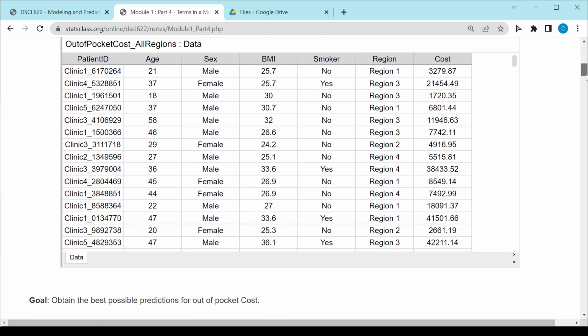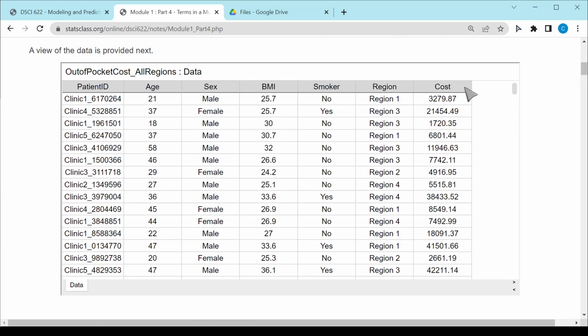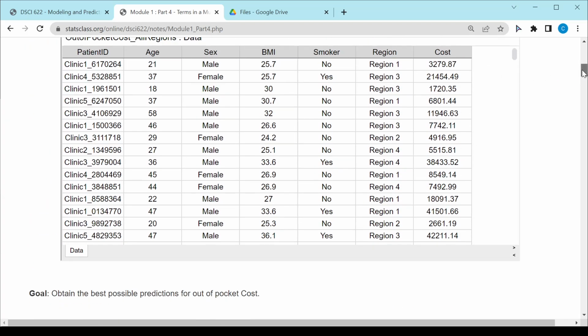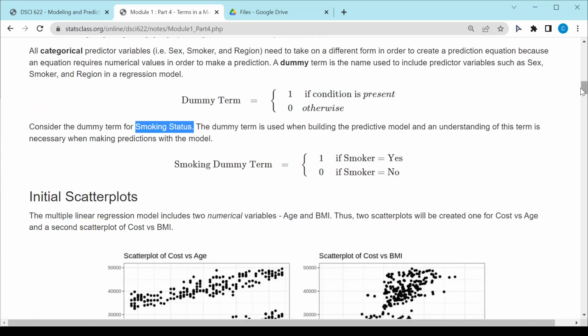So if we go back up here and look at that, right? It's going to convert that to what we call a dummy variable or dummy term. And how is that done? Well, that dummy term is going to get a value of 1 if the individual is a smoker. So if that condition is present, and it's going to get a 0 if not. So that's how the smoking status actually gets used or put into the model.